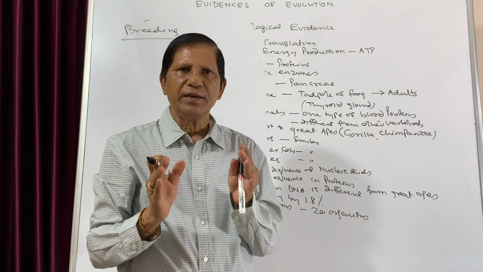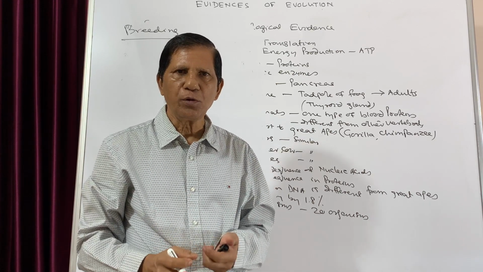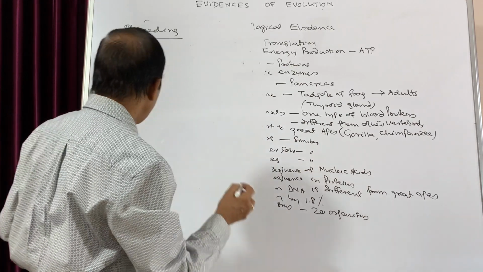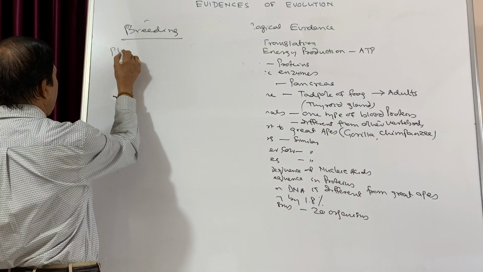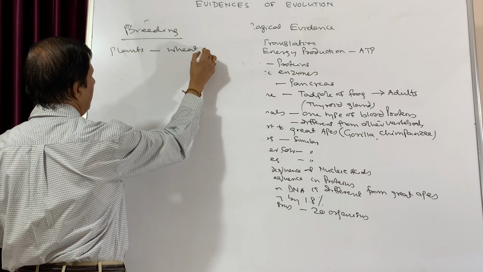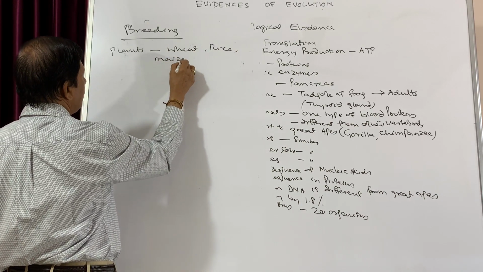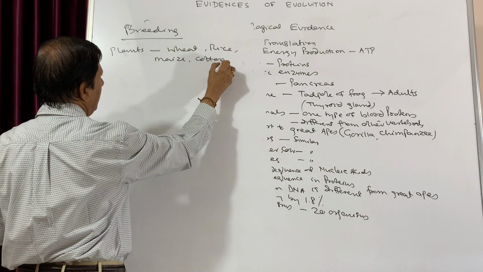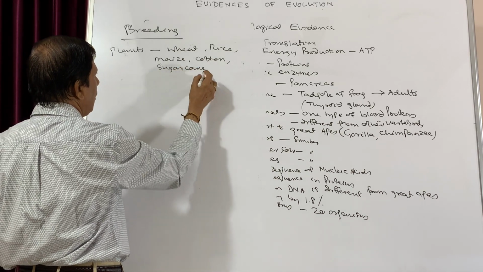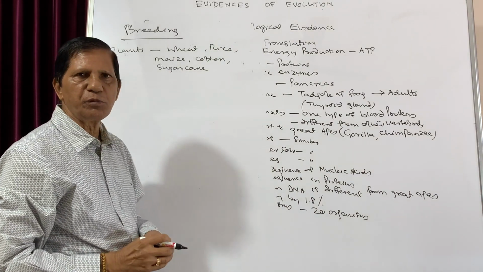During the last century, so many improved varieties of plants have been evolved. In case of plants like wheat, rice, maize, cotton, sugarcane, all these improved varieties have been developed, and most of them are also responsible for the green revolution.